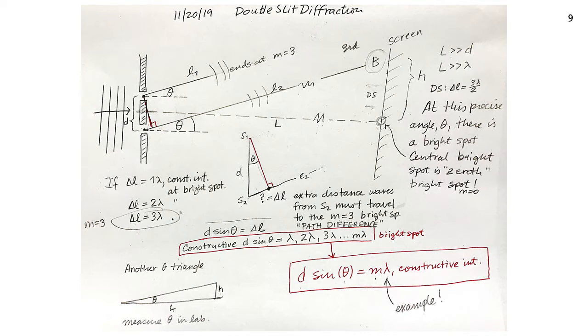And we'll call that theta. Okay. Now this is the thing that you're going to measure in the lab. In other words, if you know how far away your slits are from your screen, and then you measure this distance up here, this would be like distance h out to your bright spot.